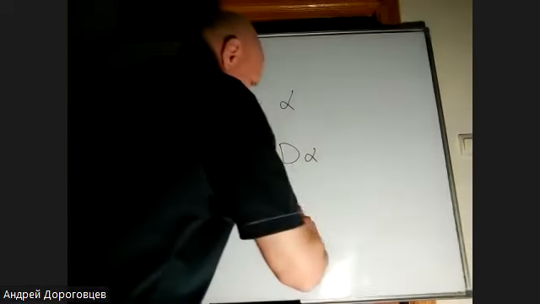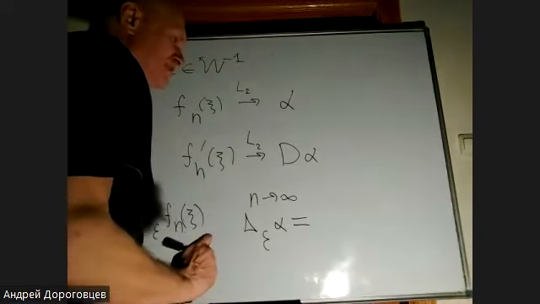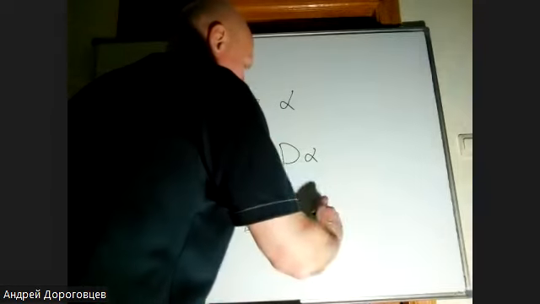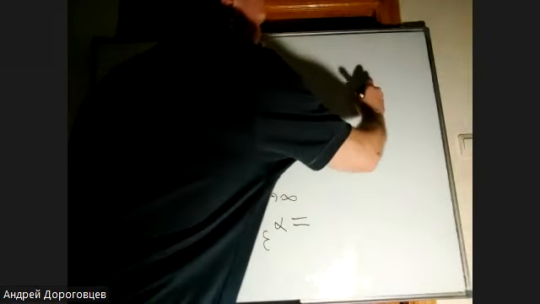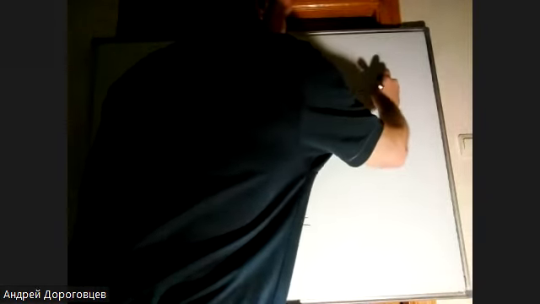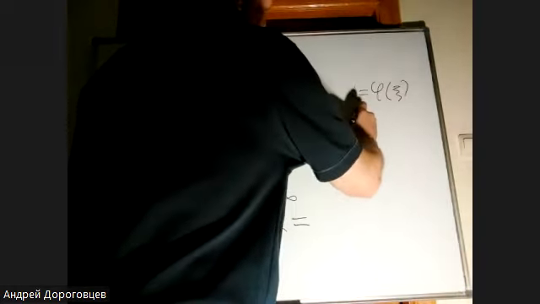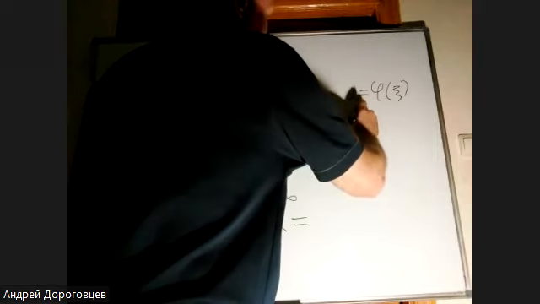It can be defined easily because alpha can be represented as phi of psi, and then the shift of alpha can be represented as phi of psi plus epsilon.